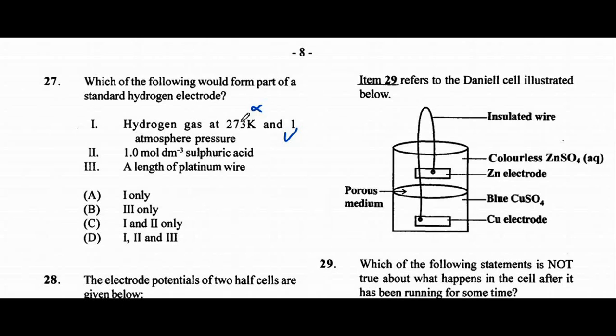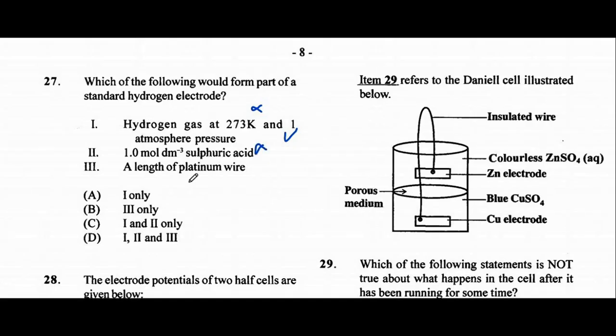Sulfuric acid is a dibasic acid. Therefore, with a concentration of 1 mole per dm cube, you would have 2 moles of H plus ions per dm cube instead of 1 mole per dm cube of H plus ions. So 2 is not correct.